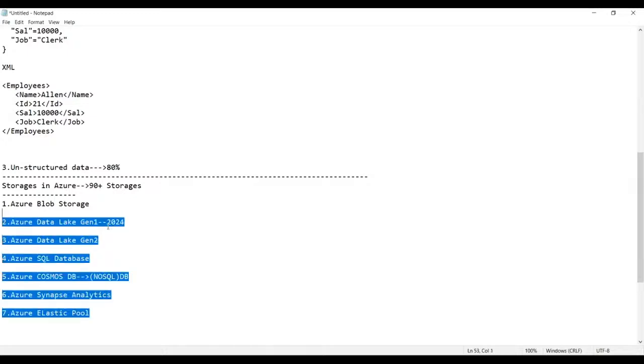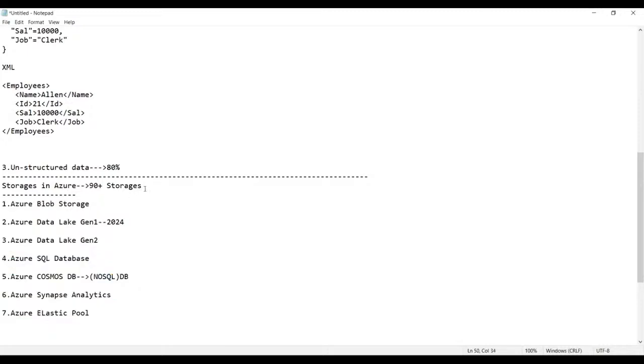These are all the storages we can have. And these storages can be used by all the services of Azure, whether it is ADF or ADB or Synapse or machine learning or artificial intelligence, any kind of thing, we can use it here.